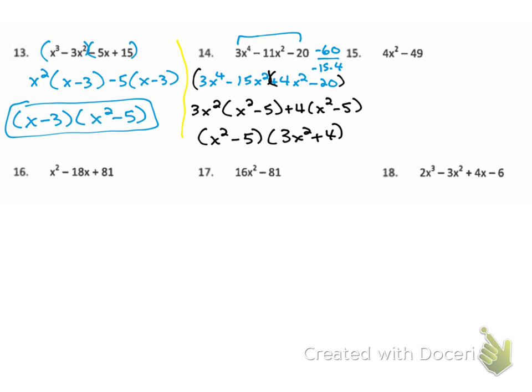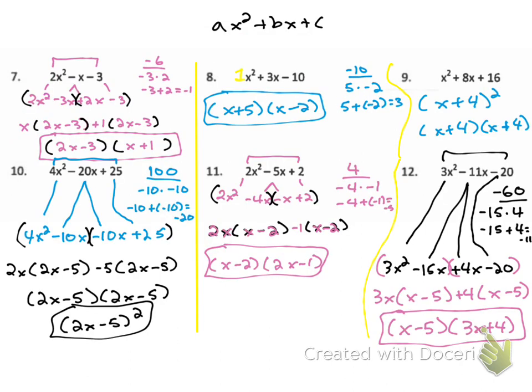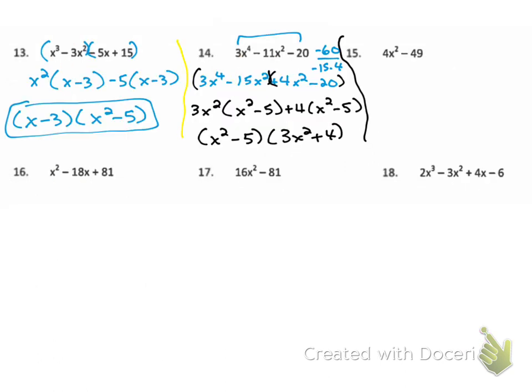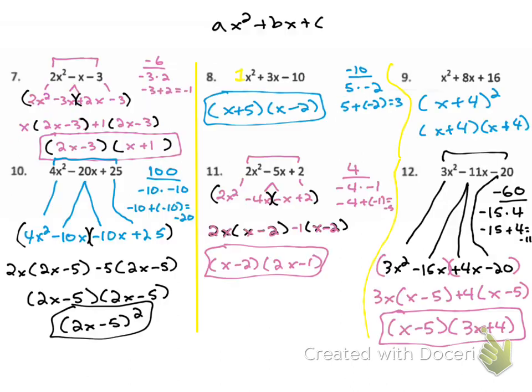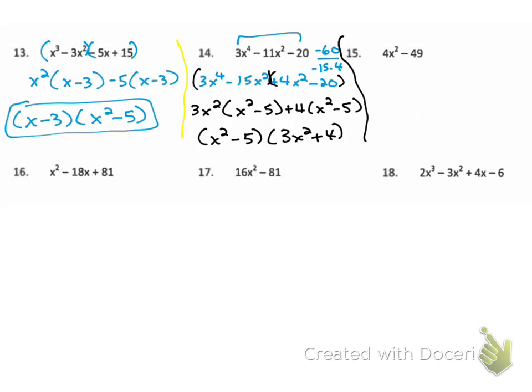So if you look at the difference between that and problem number 12, x minus 5, 3x plus 4, versus x squared minus 5, 3x squared plus 4. If you compare 14 and 12, almost the same answer, you just have x squareds for each there. And as you can see the difference, when we split the middle term, this became negative 15x squared and 4x squared. So just a little different there, okay?